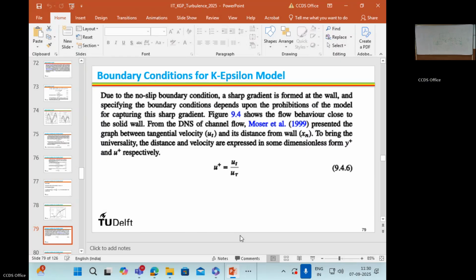Again, the same condition: we have to make the tangential velocity dimensionless with respect to a shear velocity u tau, right? So from the flow of the Moser, 1990 presented the graph between the tangential velocity and its distance from the wall, to bring universality, the distance and velocity expressed in terms of dimensionless quantities u plus and y plus. Clear?